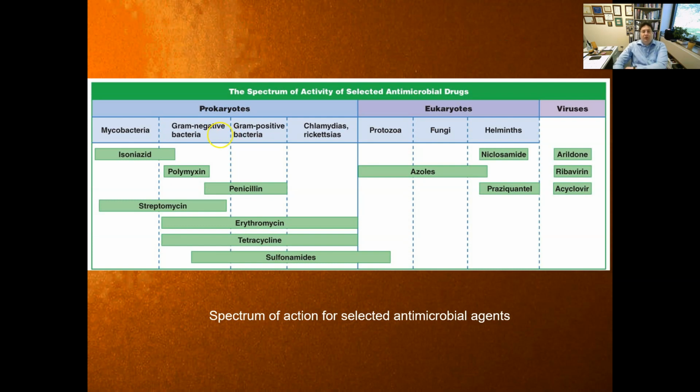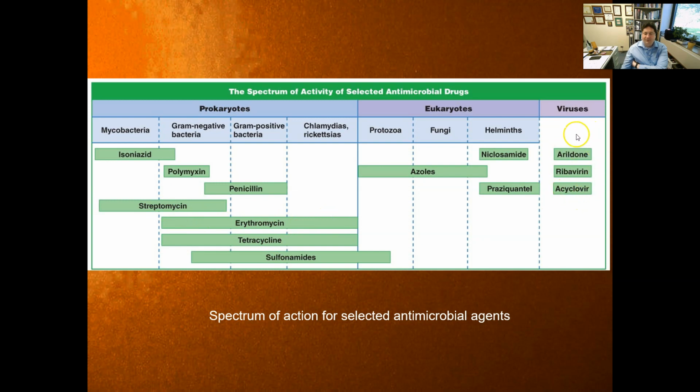All right? So this diagram just gives some examples, spectrum of activity for some antimicrobial drugs. So these are your drugs here, okay, and what they work against. So for prokaryotes, you can see a drug like polymyxin is pretty narrow spectrum, where tetracycline, streptomycin, erythromycin, pretty broad spectrum.